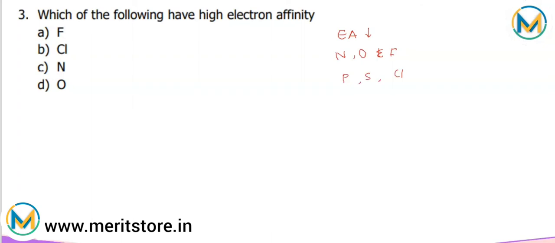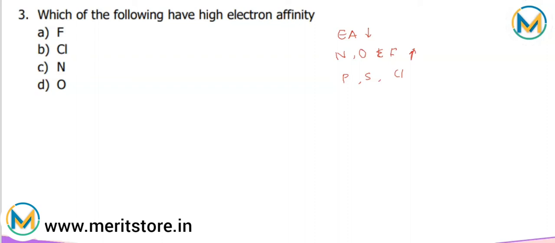This is due to the reason that the elements in the second period have the smallest atomic size among the elements in the respective group. As a result, there is considerable electron-electron repulsion within the atom itself, and hence the additional electron is not accepted with the same ease as is the case with the remaining elements in the same group.